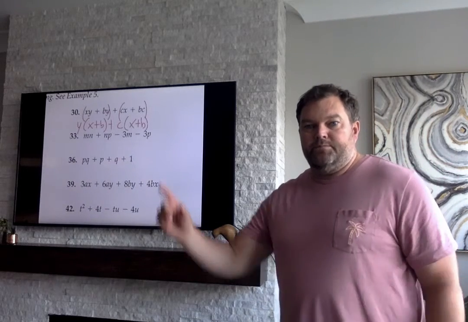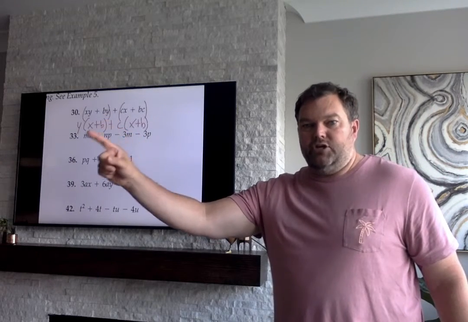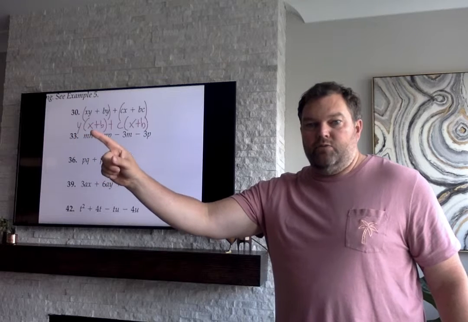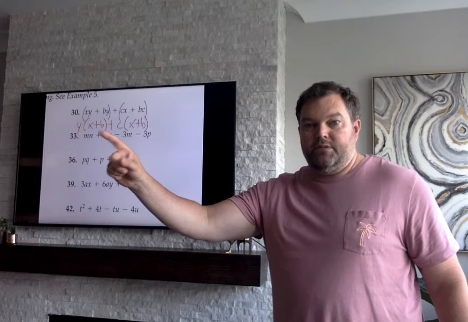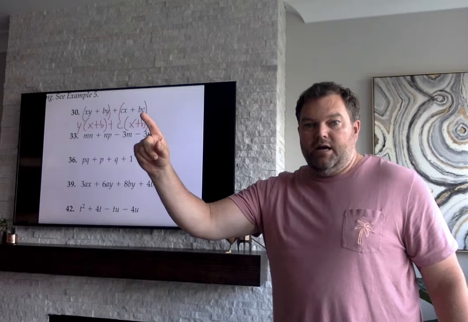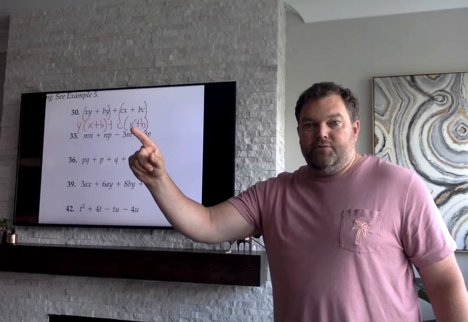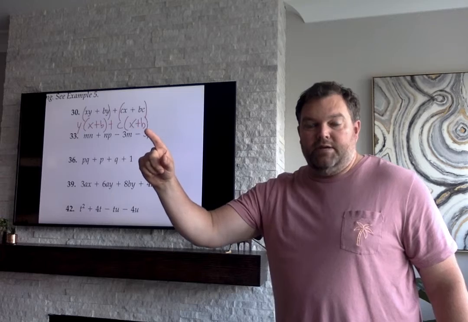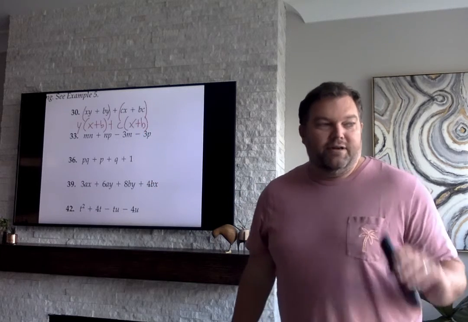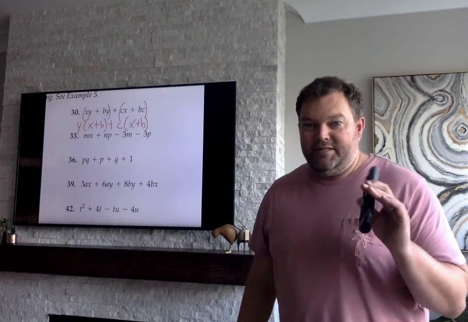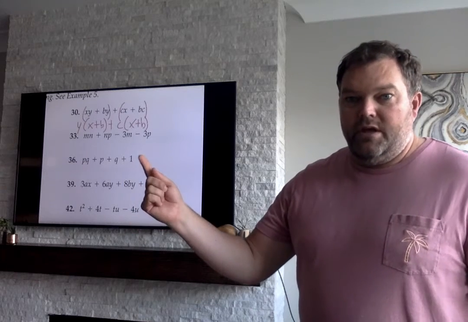Look at what I've done. From the first pair, I took out a y, and I was left with x plus b. From the second pair, a c was common, so I factored it out. And what would be left if we factored out a c? X plus b.